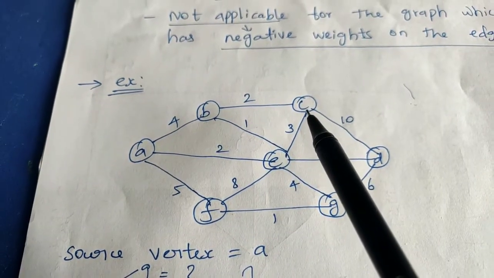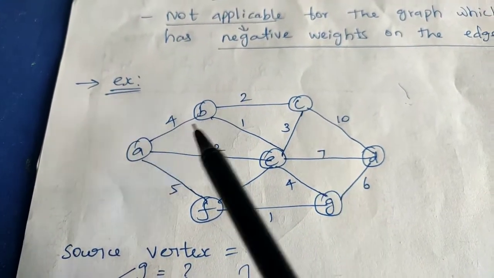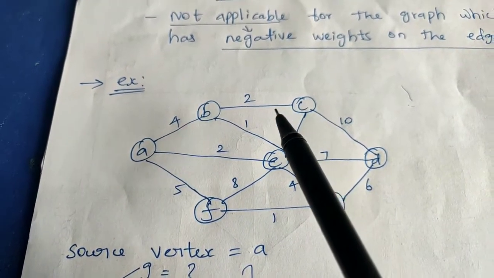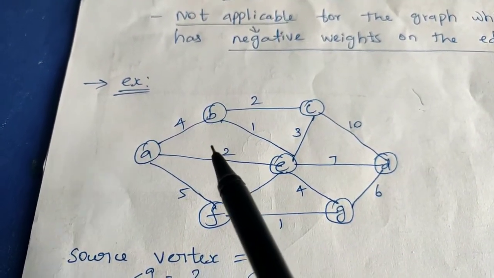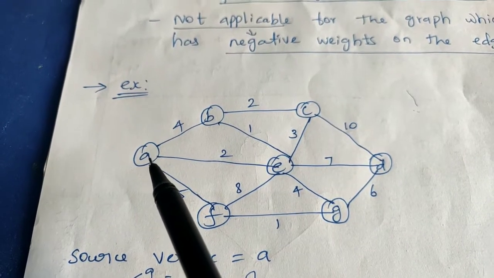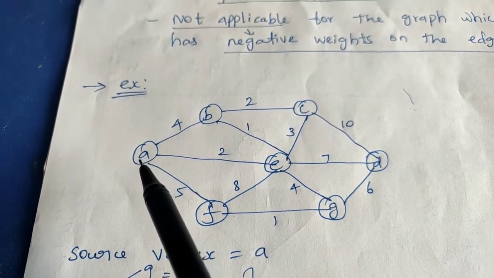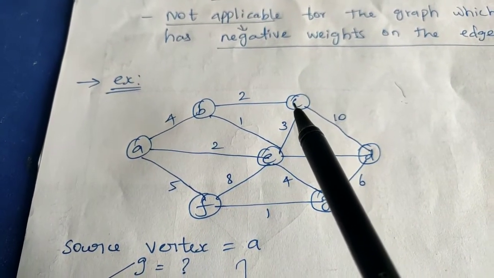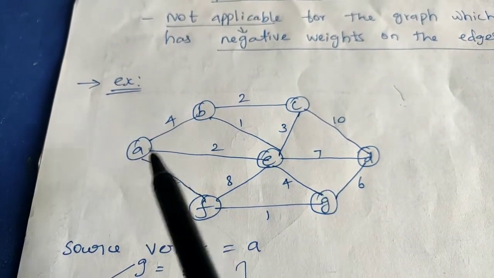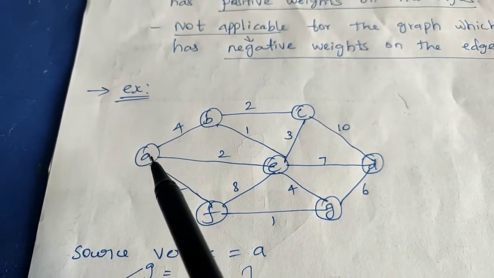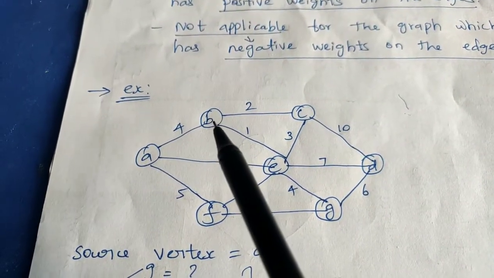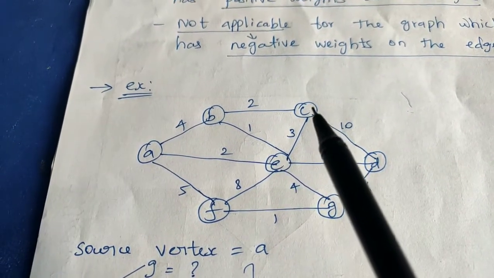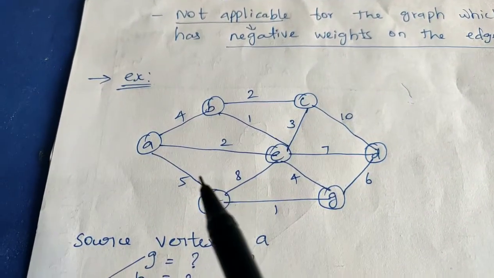But for the vertex C, there is no direct path from the source vertex A to C. It can be visited indirectly. You can start from the source vertex A, visit B, and from B visit C. This is one indirect path from A to C. Otherwise, I can go to B, from B to E, and from E to C. This is one more indirect path.